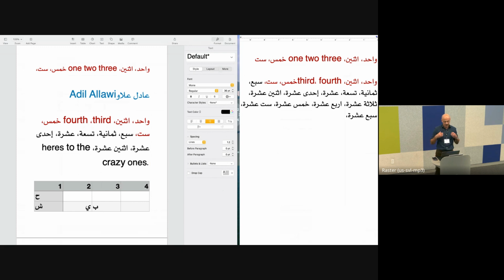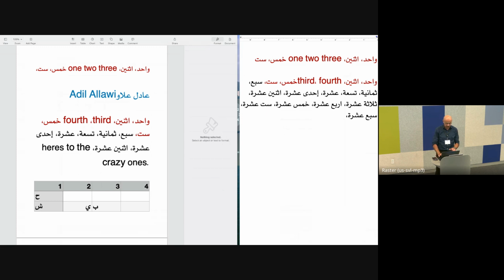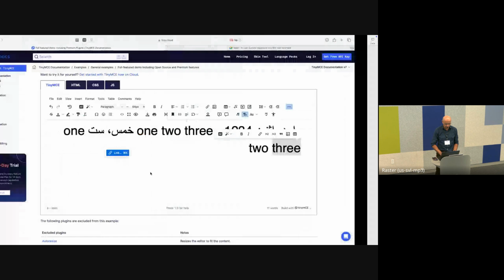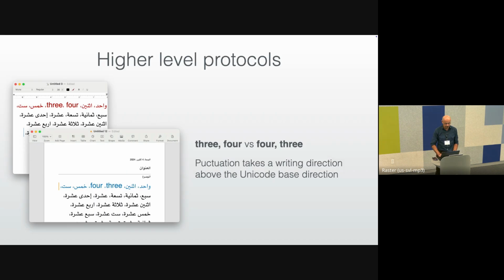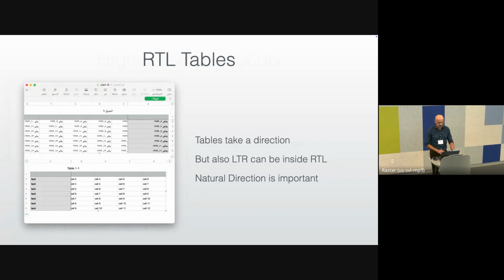And again, we hide the complexity from the user, but give them that ability to create their documents just naturally as if they're typing. So I'll go back to the presentation. Okay, so that's the high-level protocol.